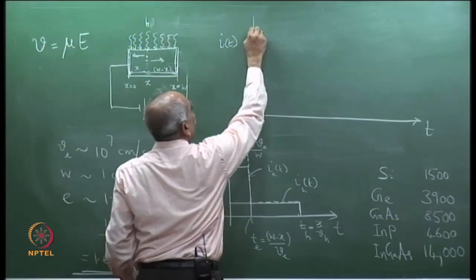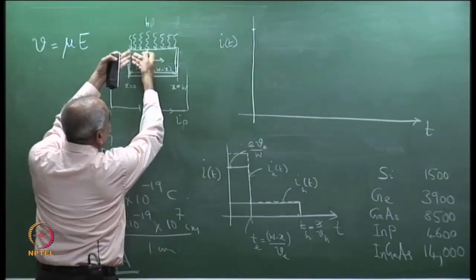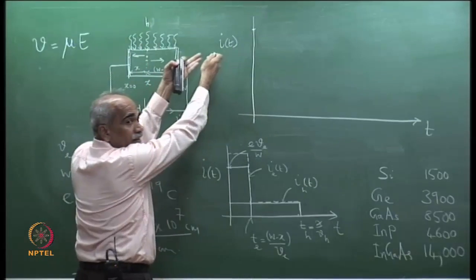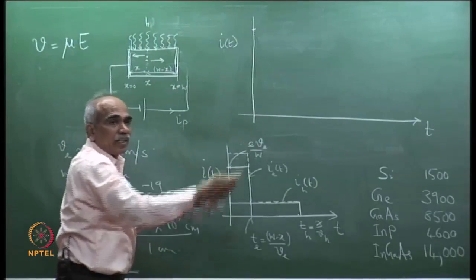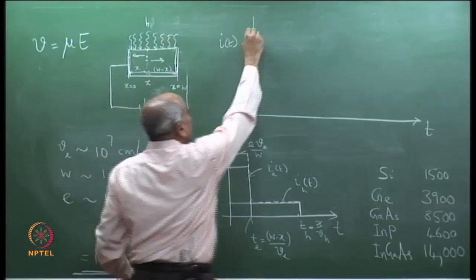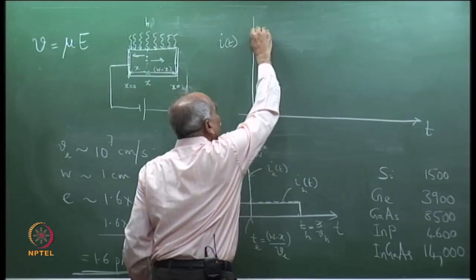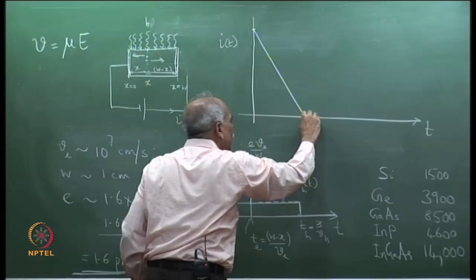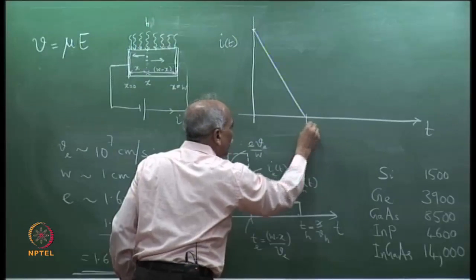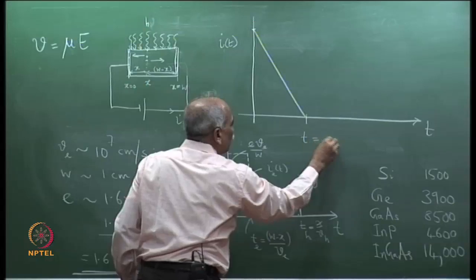So, it will be largest at t equal to 0 because all the electrons are moving, but the electrons which are generated here are collected. Once it is collected, no more contribution. So, the current will drop like this continuously till a time T. What is T?